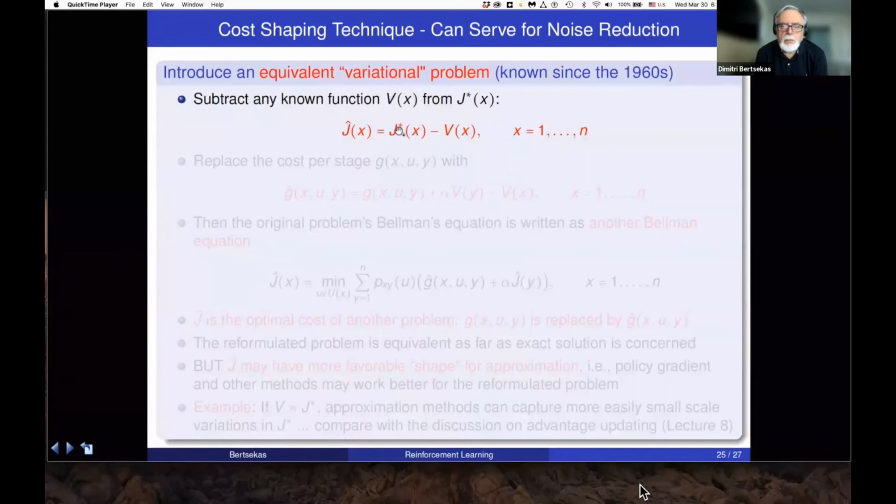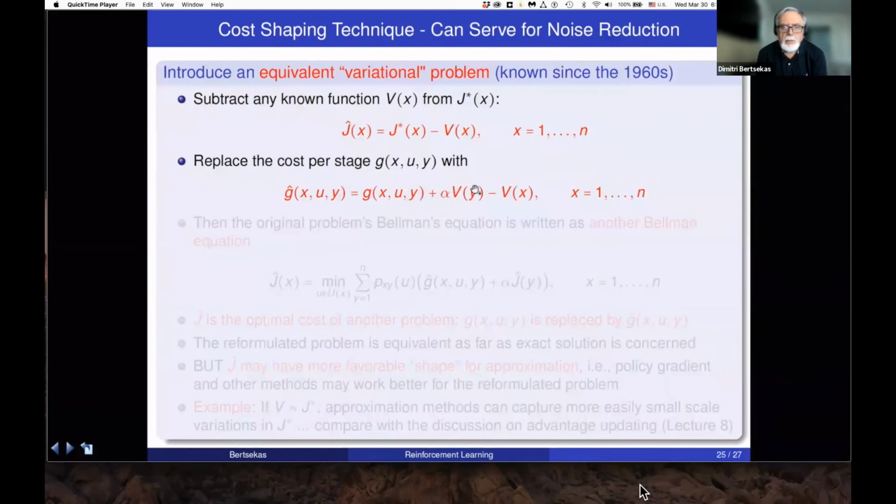Perhaps there's a large constant involved here in this J star, and this could be something that approximates its constant. You change its shape, and from J star, you make it J hat. And then you make a change in the cost per stage. And this is the cost per stage at state x going to state y under the influence of u.